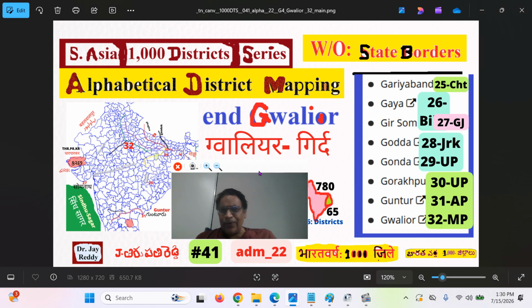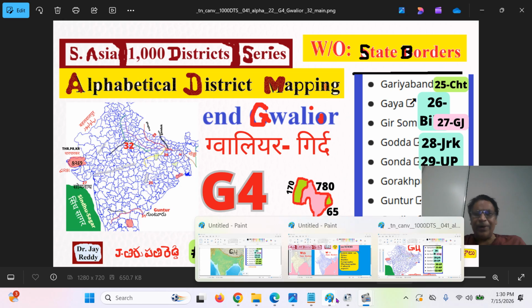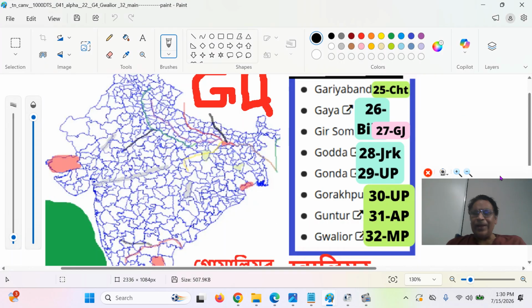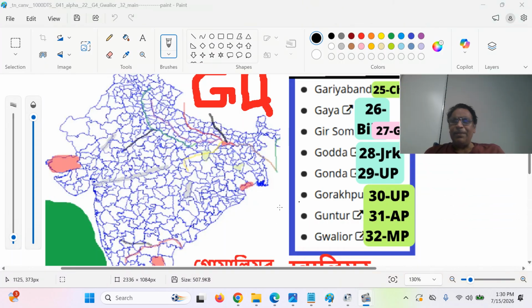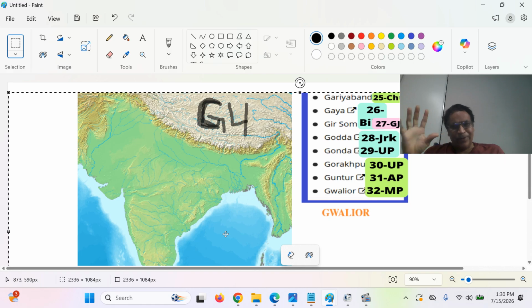As I told you, in the first part I will read out these districts and show where they are present. In the next part, I will actually map these districts for you, in an intuitive way, a creative mapping. In the third part, I will do the same thing taking the physiographic map, so that this gives a totally different view.